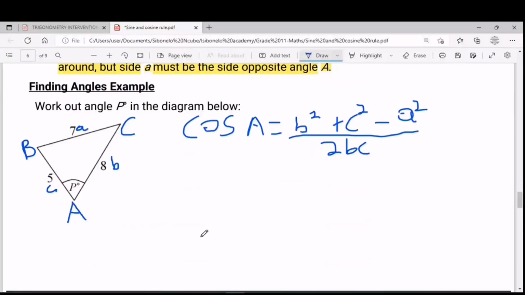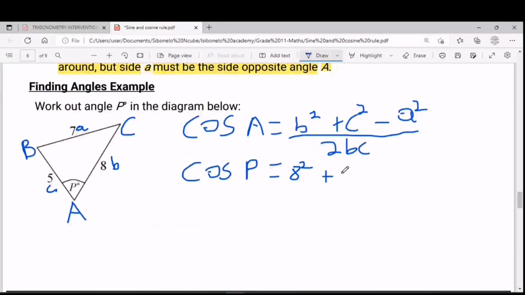Now say substitute again, guys. Cos A, so the angle elapha A uba ni uP. So sizoba no cos P equals to uB small letter B u8. So sizoba no 8 squared plus uC, so small letter C, it's 5 units.